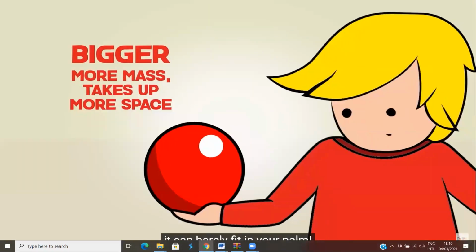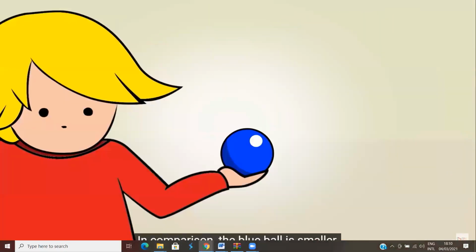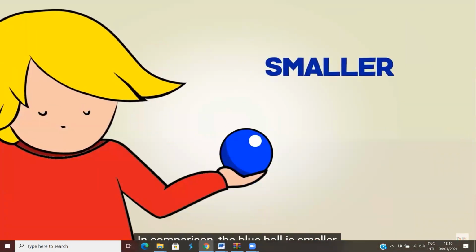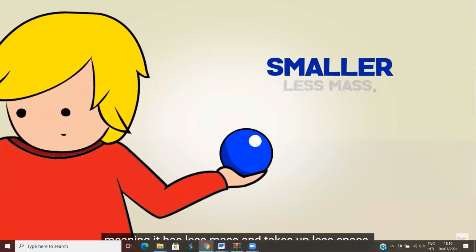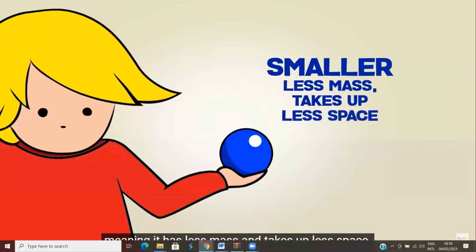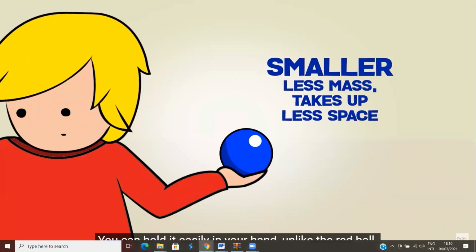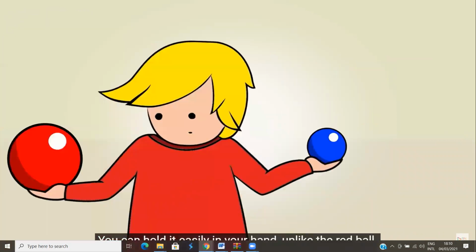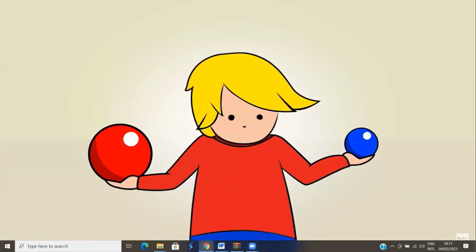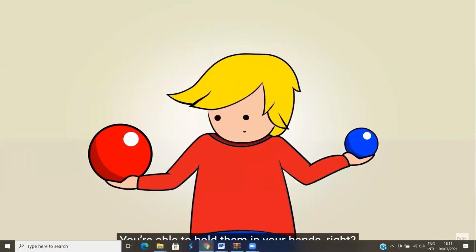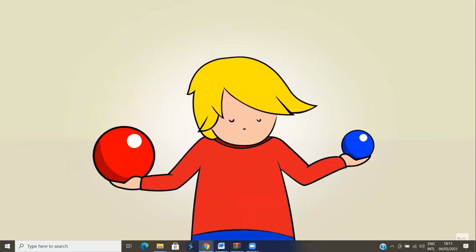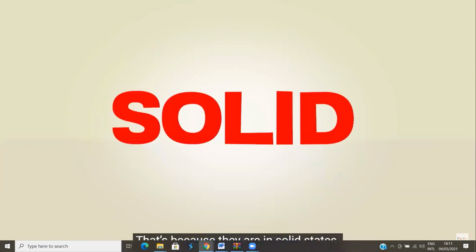It can barely fit in your palm. In comparison, the blue ball is smaller, meaning it has less mass and takes up less space. You can hold it easily in your hand, unlike the red ball. You're able to hold them in your hands, right? That's because they're in solid states.